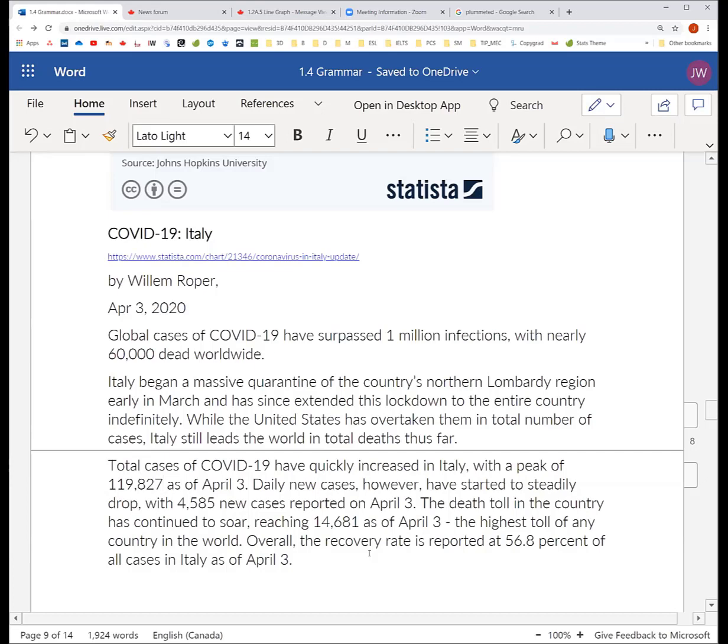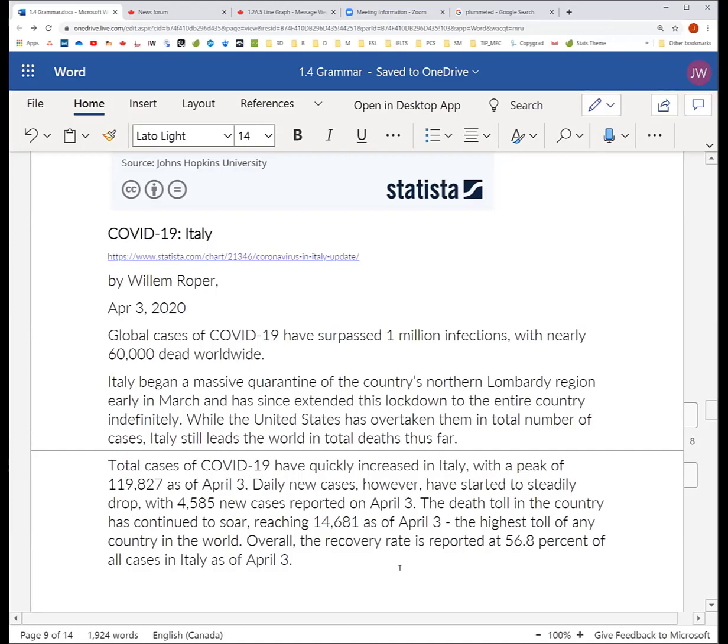Daily new cases, however, have started to steadily drop, with 4,585 new cases reported on April 3rd. The death toll in the country has continued to soar, reaching 14,681 as of April 3rd, the highest toll of any country in the world.